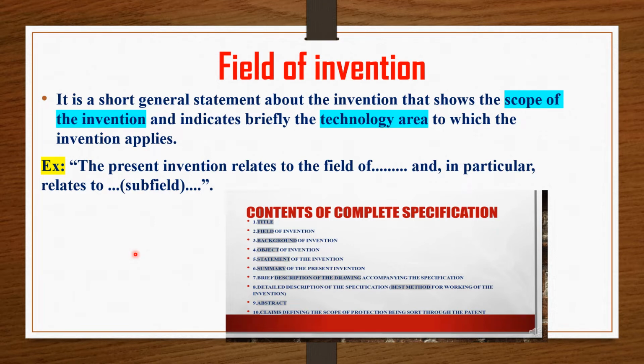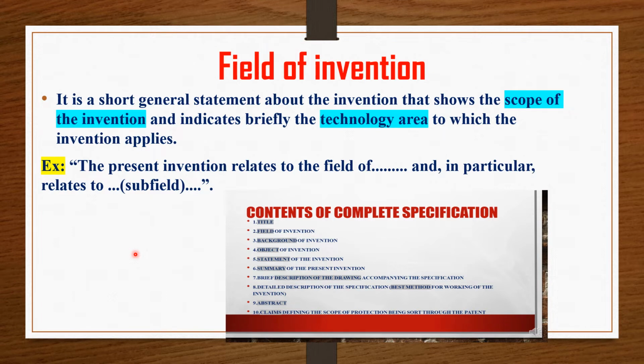Field of invention is a short general statement about the invention that shows the scope of the invention, and it indicates briefly the technology area to which the invention applies.